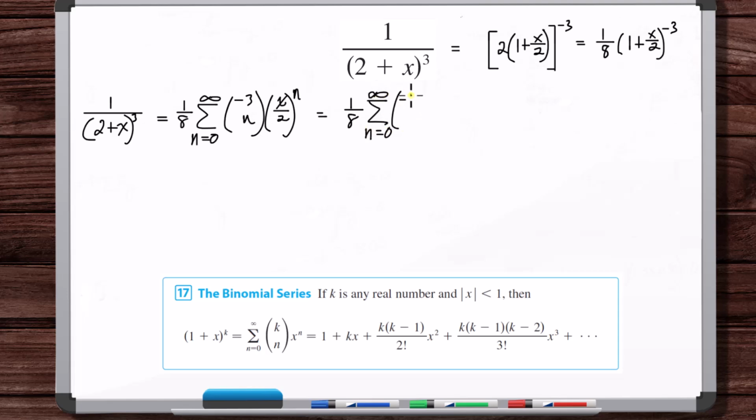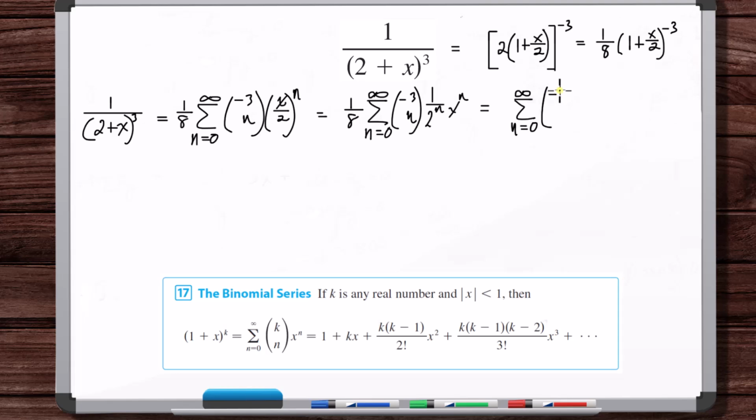Okay, and actually, since 8 is 2 cubed, and we have a 2 to the n here, let's go ahead and bring the 1 over 8 into the summation.